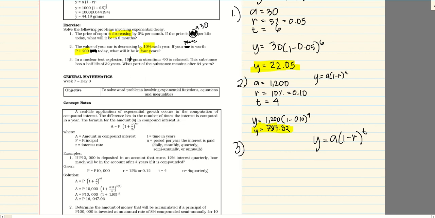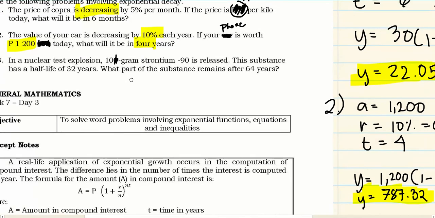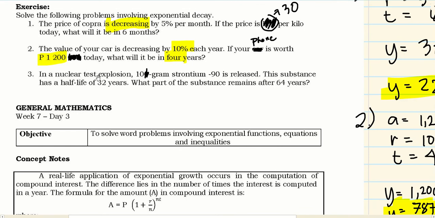In a nuclear test explosion, 10 grams of strontium-90 is released. The substance has a half-life of 32 years. What part of the substance remains after 64 years?